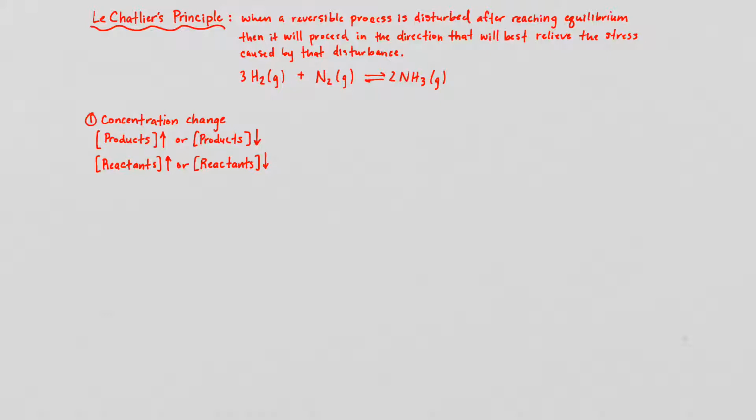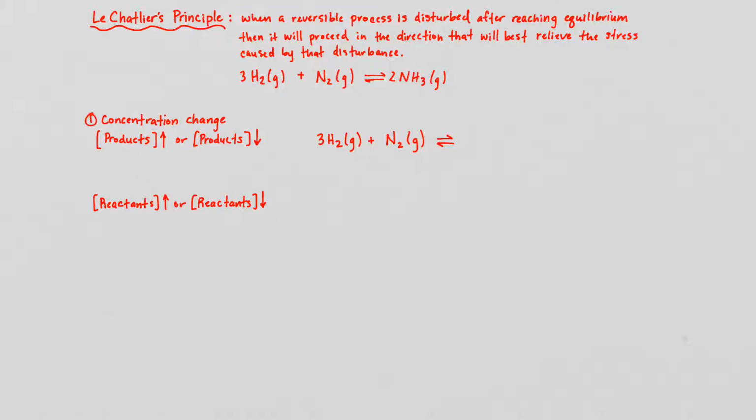Alright, so in this first situation here, I'm going to use actually the same exact reaction as our example here. Let's just say for a minute that we have 3 H2 gas plus 1 mole of nitrogen gas, and it's in an equilibrium reversible reaction with ammonia, which it forms.